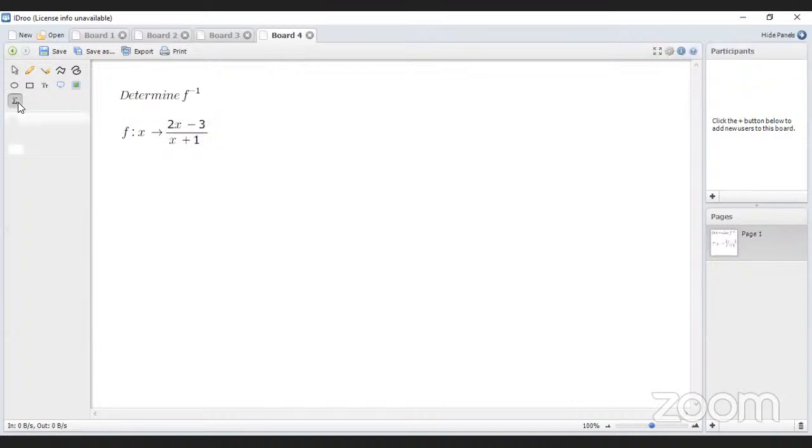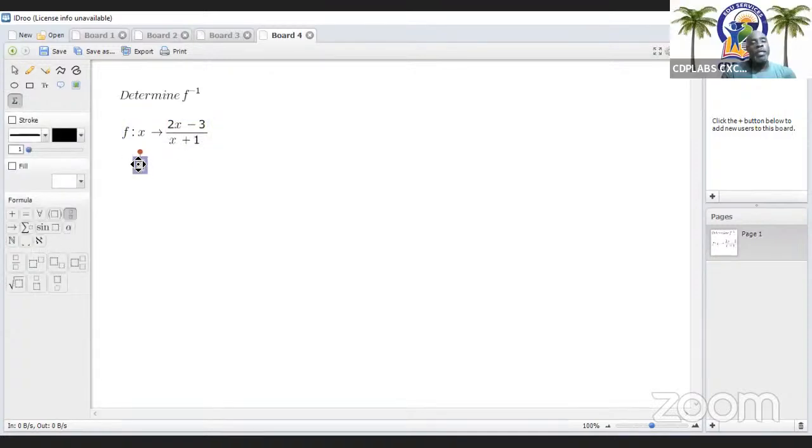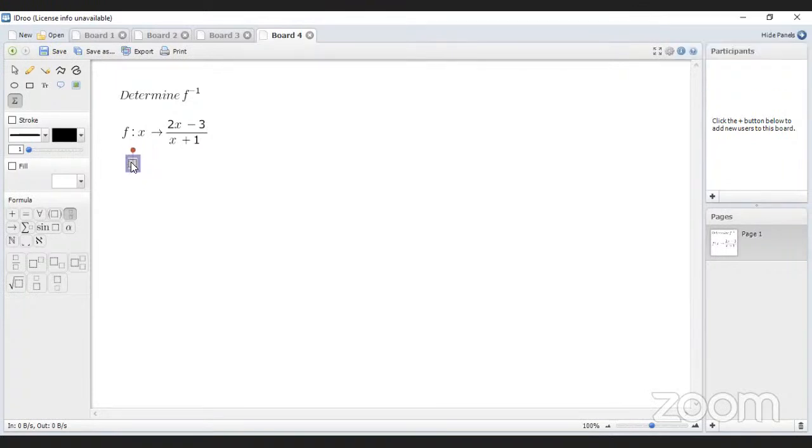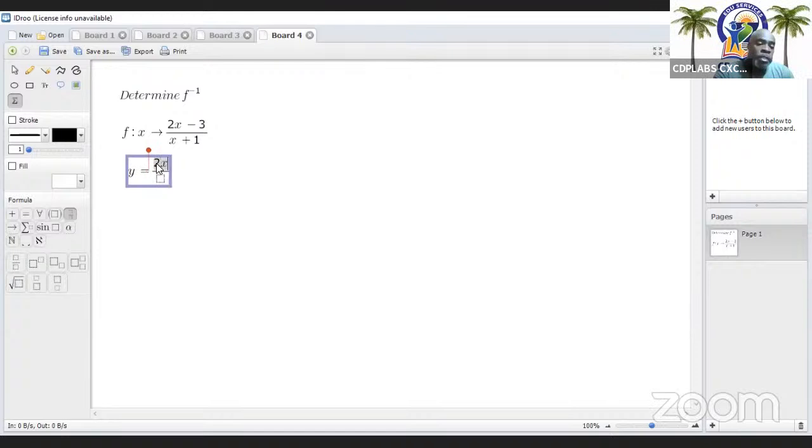In a case like this, you're going to write f of x as y. So y is 2x minus 3, over x plus 1.